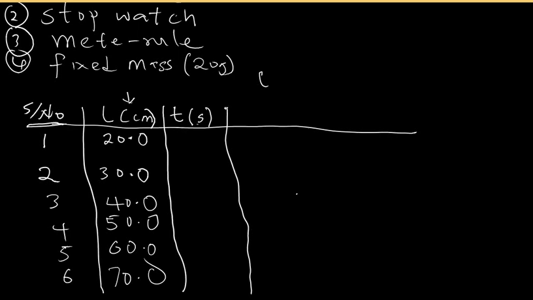Then after you have found the time, you will also be asked to measure the period. How you measure the period is you divide the time by the number of oscillations. The period also is in seconds.